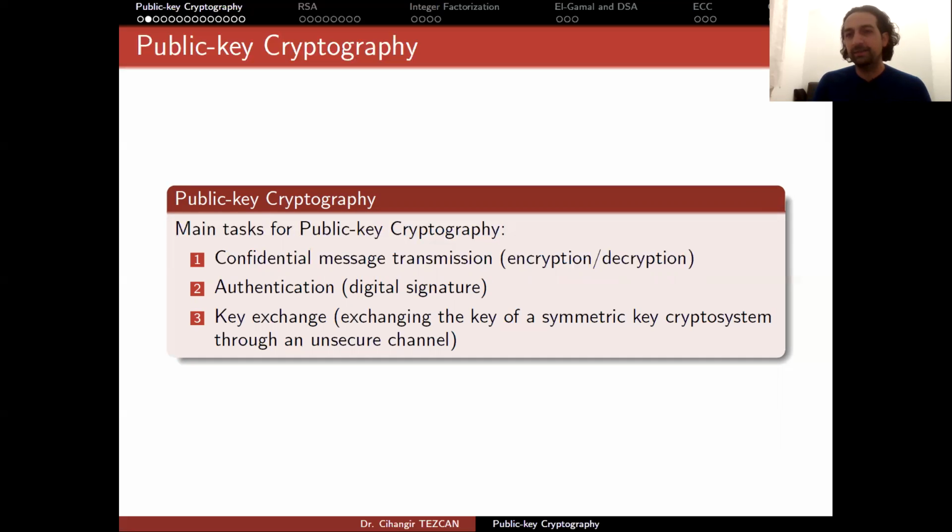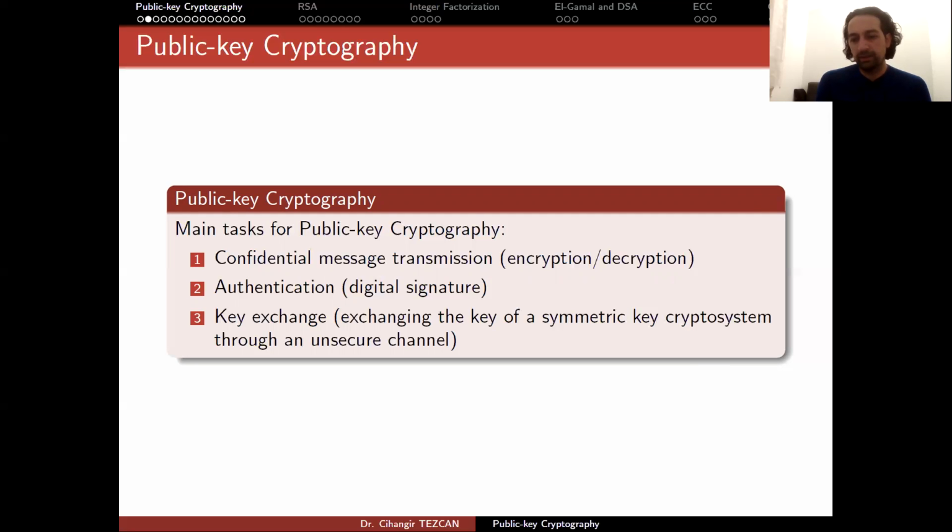So actually, this is what we are doing all the time. When we want to connect to our bank or to an e-commerce web page, we haven't communicated with them before, so we haven't exchanged any AES keys to talk in an encrypted way. In order to buy something from a web page, we should use a secure channel, or an encrypted communication, so that we can give our credit card information and so on.